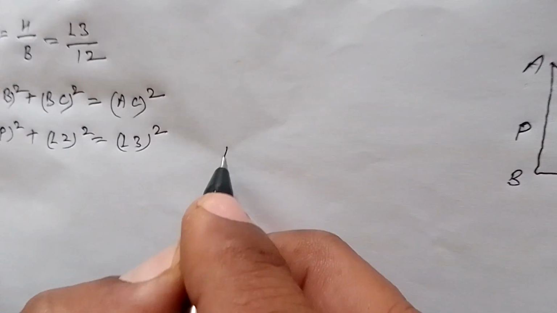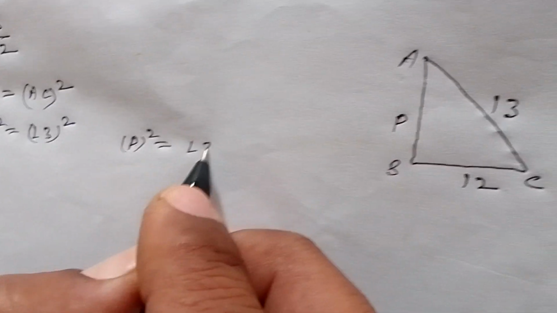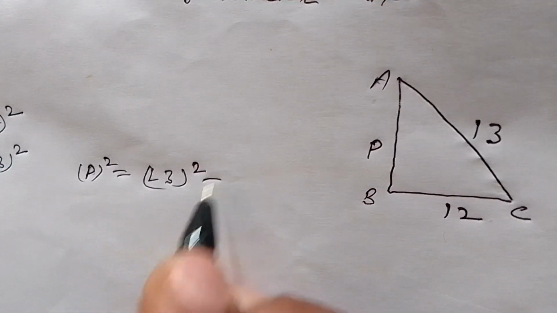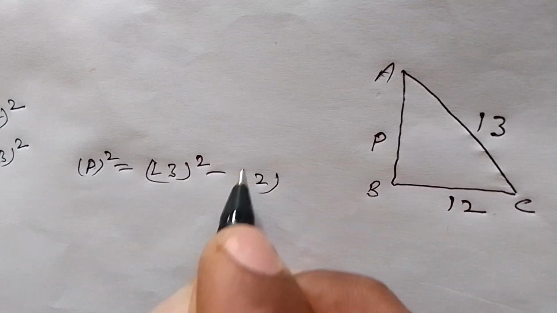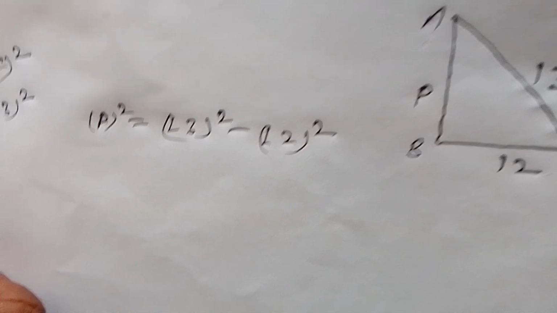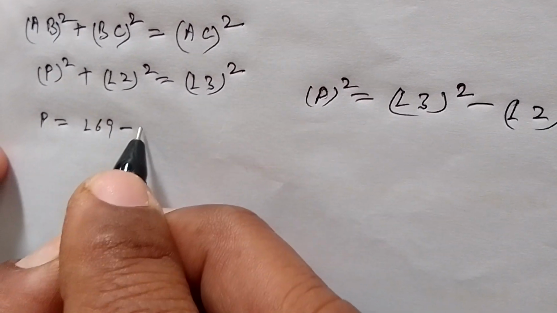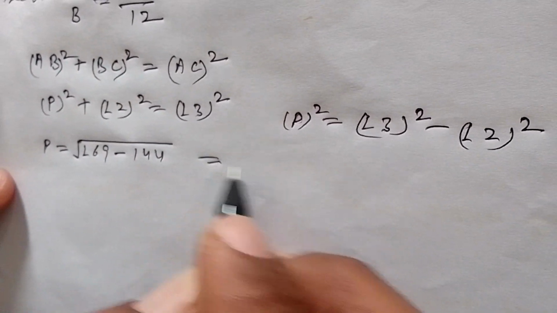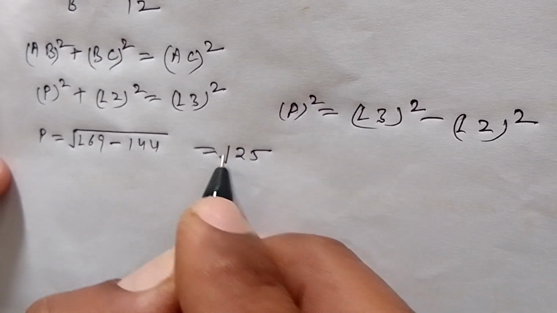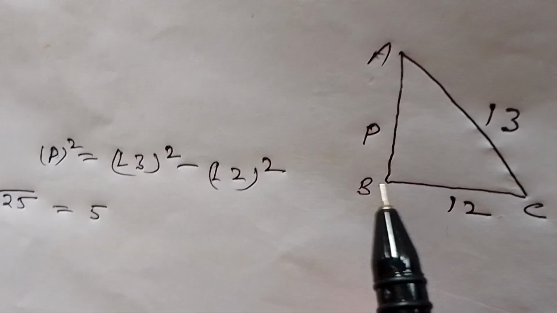This can be written as P square is equal to 13 square. Now we will carry 12 to the other side, it will become negative, minus 12 square. So P square comes out to be 169 minus 144, which is 25, and root it comes out to be 5. So the perpendicular comes out to be 5.